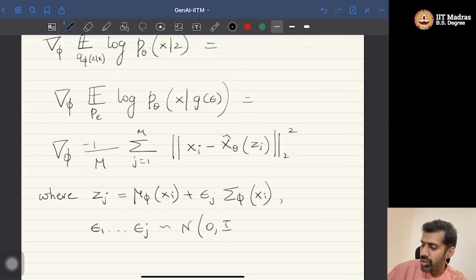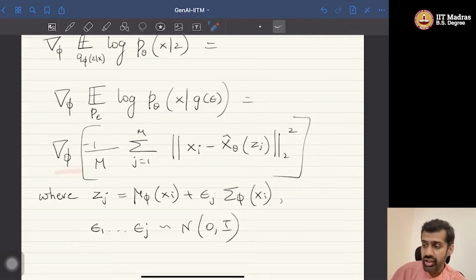This is the reparameterization trick. So the loss function does depend on phi, through x cap theta, which depends on zj, and zj depends on the encoder parameters phi.